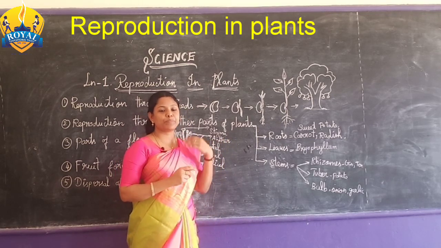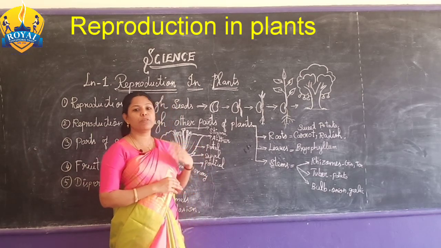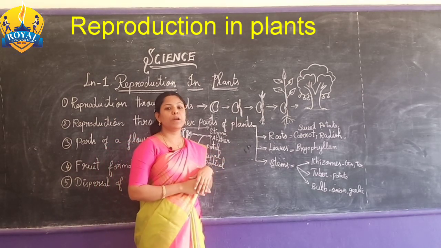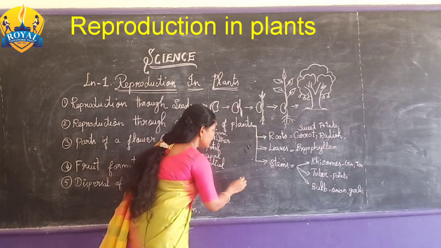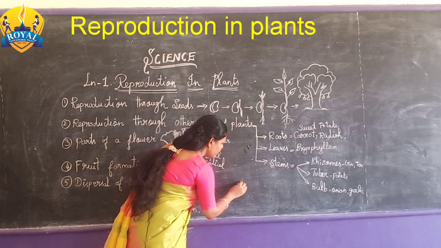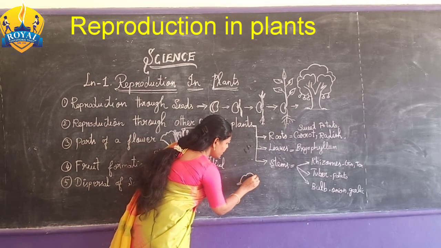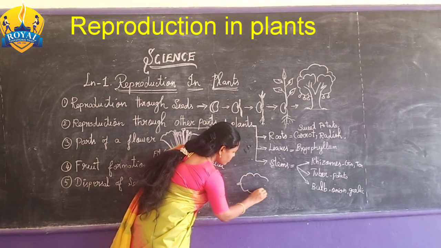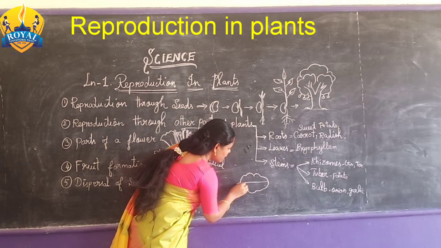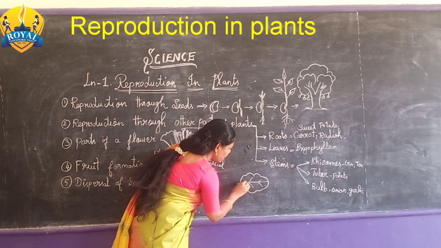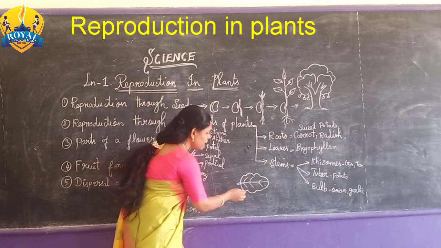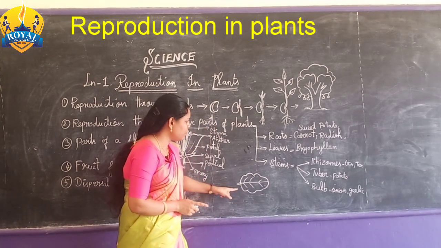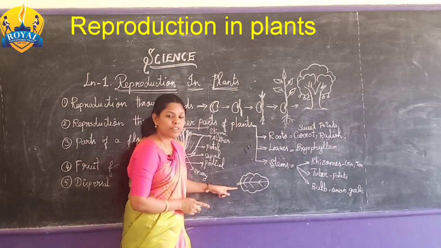For example, if your neighbors have a Bryophyllum plant, it has a structure like this. If you see the Bryophyllum plant in your neighbor's home, observe it keenly. The plant leaf is like this.